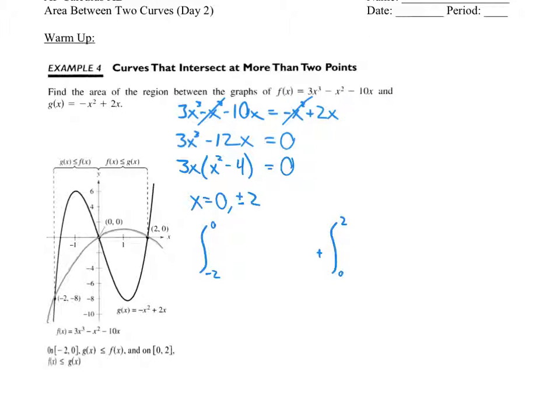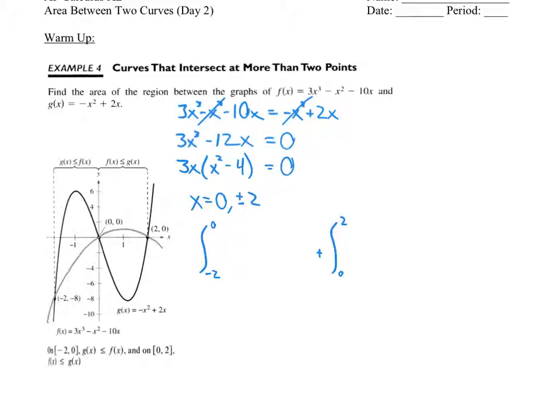Now, from the graph we can tell easily, but you won't necessarily be given the graph. So if you just plug something in, like you plug in a negative 1 in f of x, I get negative 3 minus 1 is negative 4 plus 10 is 6.